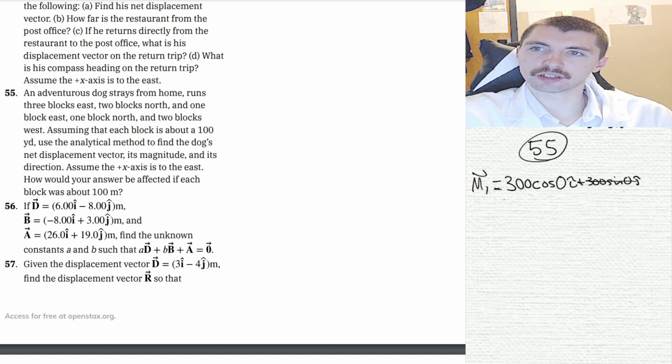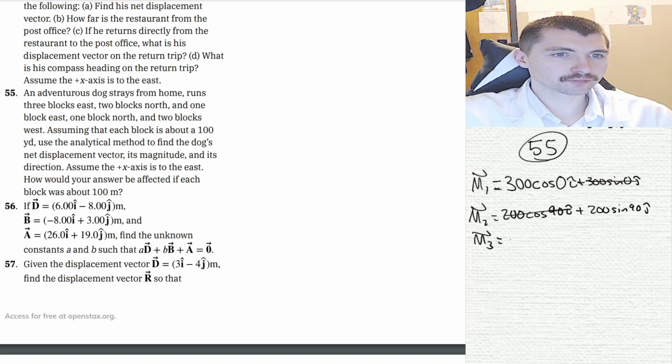And this should cancel out. Second move, 200 cosine 90 i. And this should cancel out.